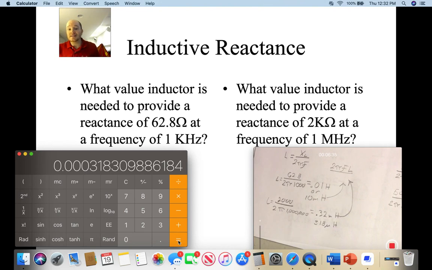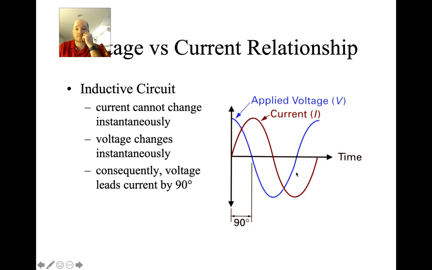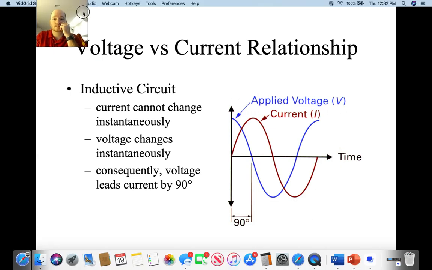And this is how we can calculate out when we know what reactance we need. That's how we do this. So now what we're going to do, let's go ahead and come back over to here. Voltage versus current relationship in a purely inductive circuit, okay?